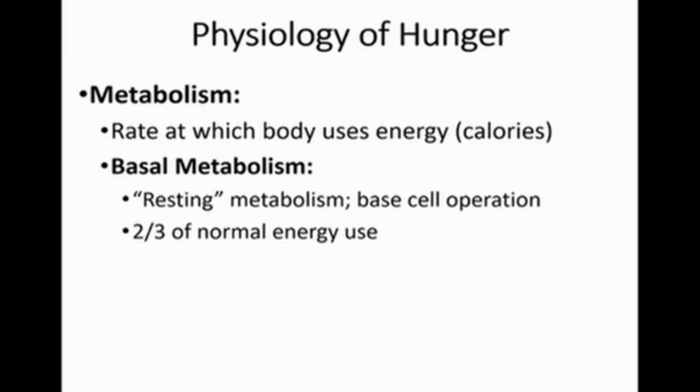The rest, that 1/3, is what we use when we're actually doing things, when we're walking around, when we're having conversations. That's extra energy above and beyond just maintaining our bodies. So the basal metabolism is actually most of our energy consumption on a given day.